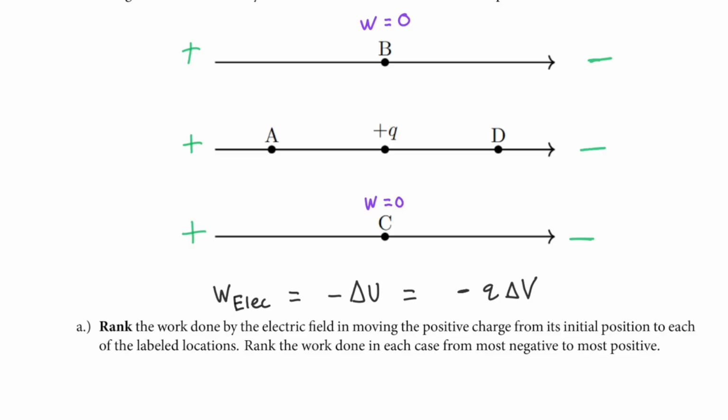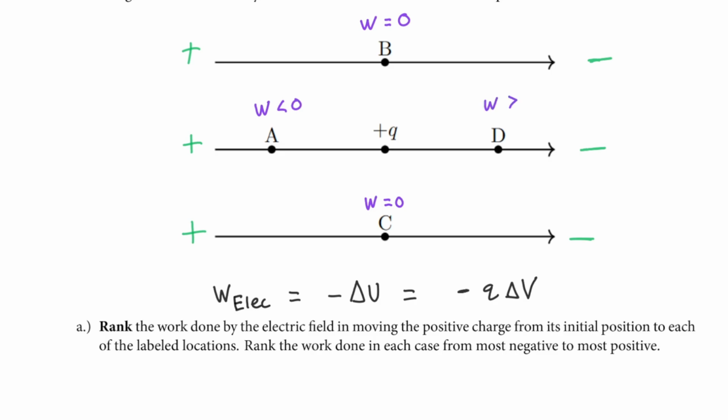So B and C are 0 work done by the electric field. But if I go from the center to A, that's going to be uphill. And if you go uphill, delta V is positive, so this makes the work done negative by the electric field.